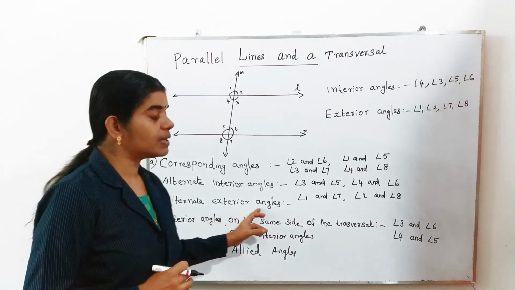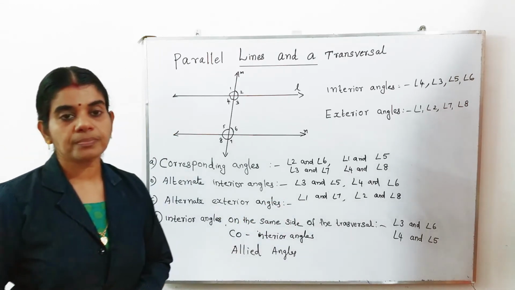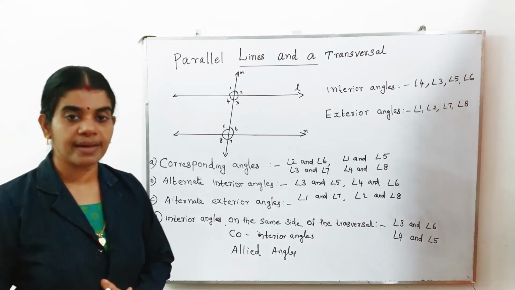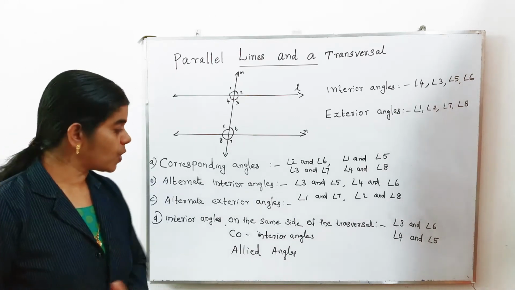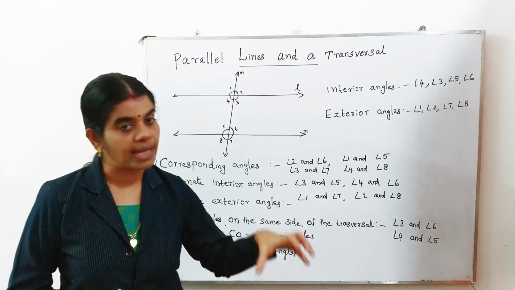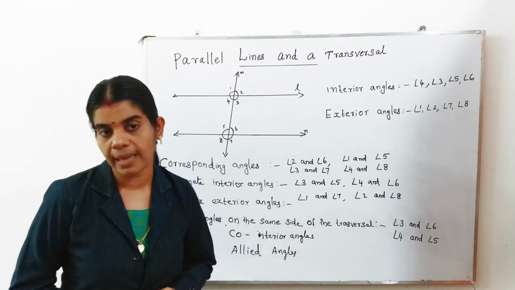The same way, alternate exterior angles. If two lines are cut by a transversal and one pair of alternate exterior angles are equal, those two lines will be parallel.